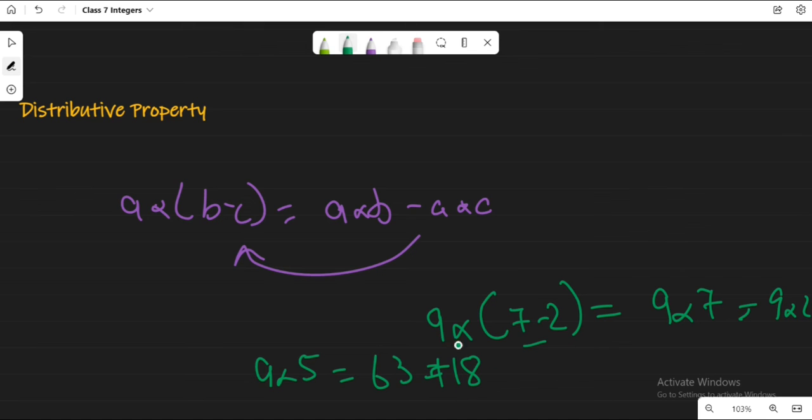So 63 minus 18 is also equal to 45. This is minus, not plus, sorry for that. So 45 is equal to 45, hence proved.